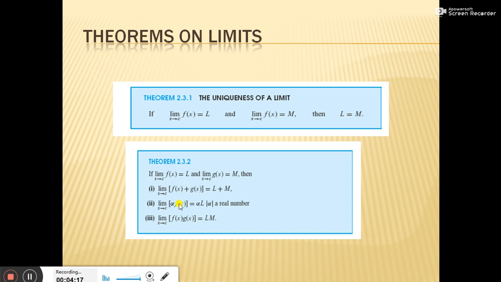And if limit x tends to c, f(x) is equal to L, and limit x tends to c, g(x) is equal to M, then the limit x tends to c, f(x) plus g(x) is equal to L plus M. And second one, if we have limit x tends to c, alpha into f(x), we get alpha into L, where alpha is any real number. And now the limit of the product is equal to L into M.